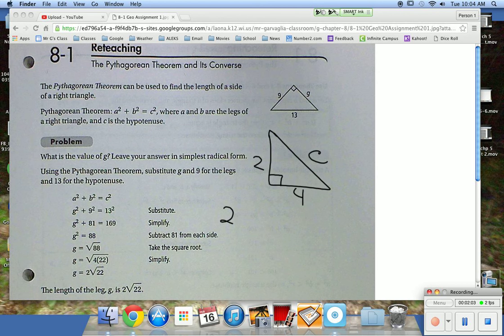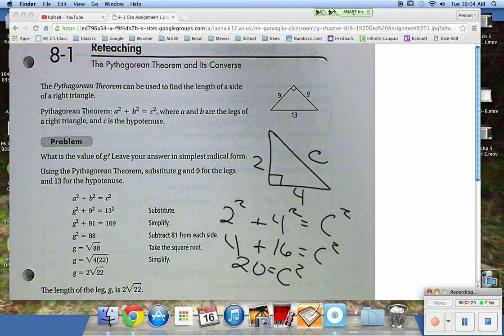Let's just say it's 2 squared plus 4 squared equals C squared. 2 squared is 4, plus 4 squared is 16, equals C squared. 20 equals C squared. And then we take the square root of it.